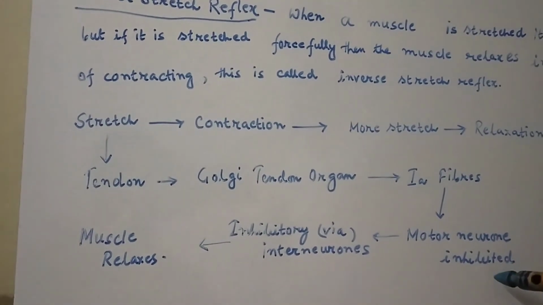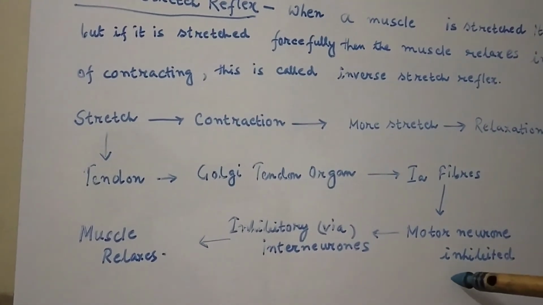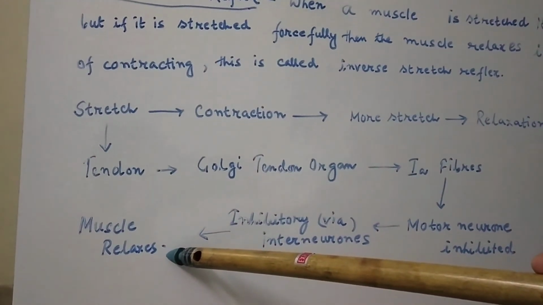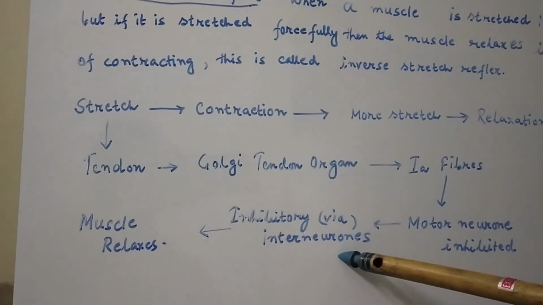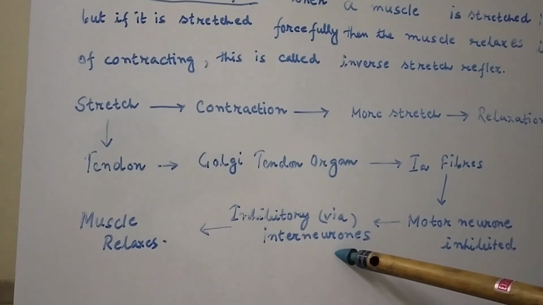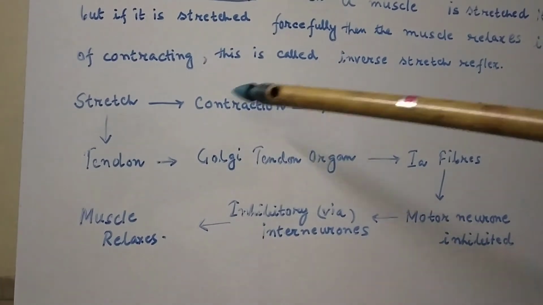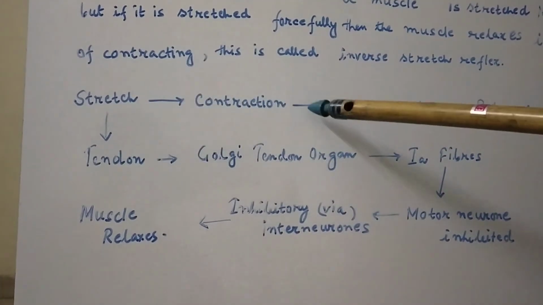After that the motor neuron sends the impulse to the muscle for relaxation with the help of inhibitory interneurons. So that is about the inverse stretch reflex. In the inverse stretch reflex, if stretching is fast, then there will be a contraction.